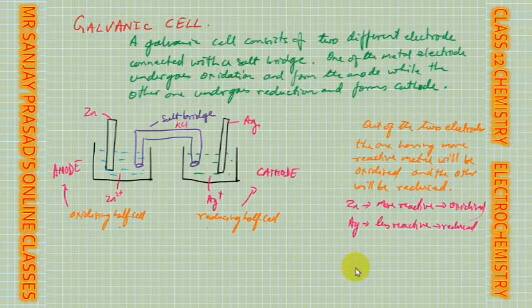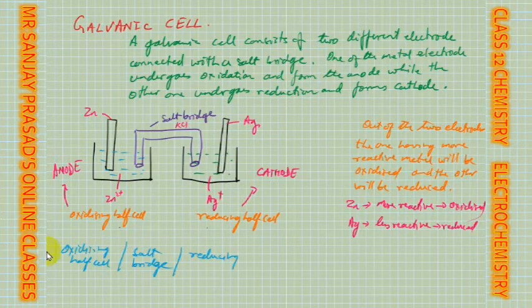In a galvanic cell you always have the oxidizing half cell, you'll have the salt bridge, and you'll have the reducing half cell.